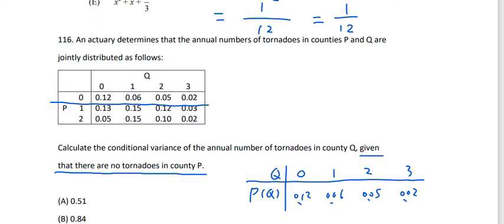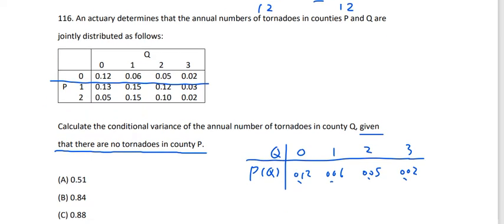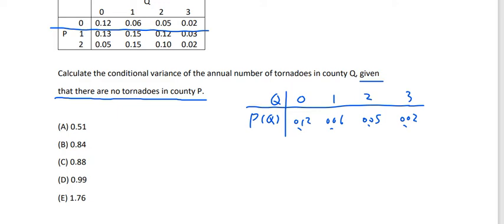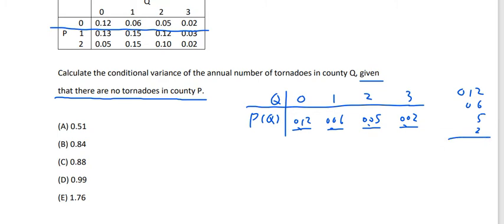But this is not a distribution because all the probabilities added up do not equal 1. So we make the total equal 1 by dividing by the total. The total here is 0.12, 6, 5, and 2, so we find this equals 0.25.